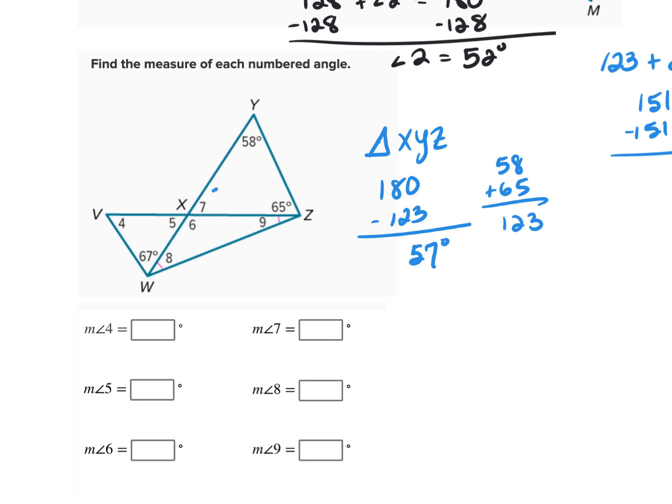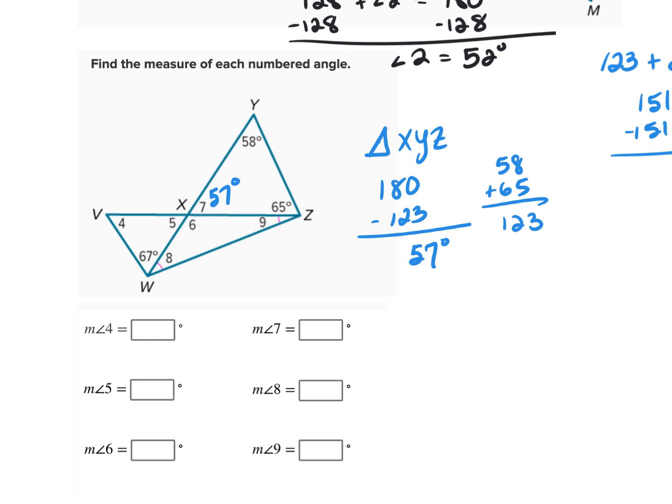Okay, so this is 57 degrees. So now, from there, what can I now determine based on the fact that angle 7 is equal to 57 degrees?